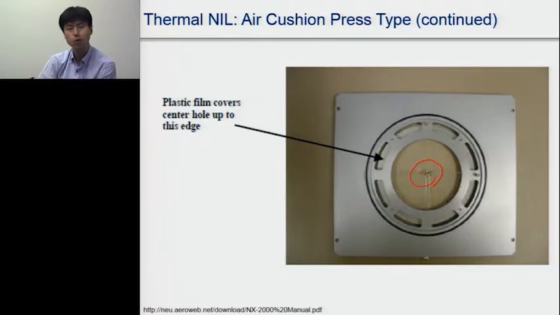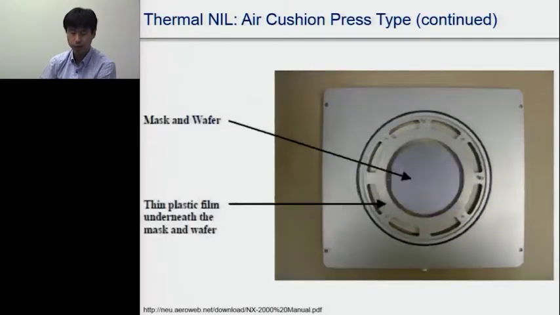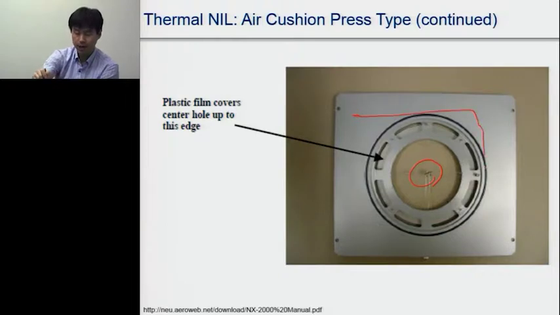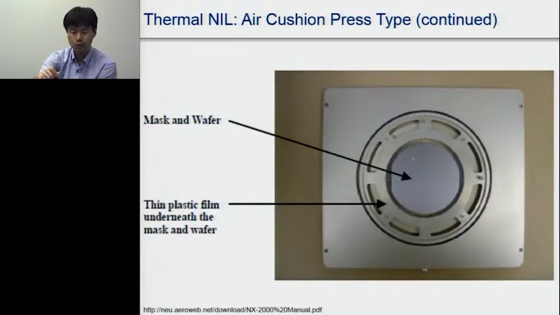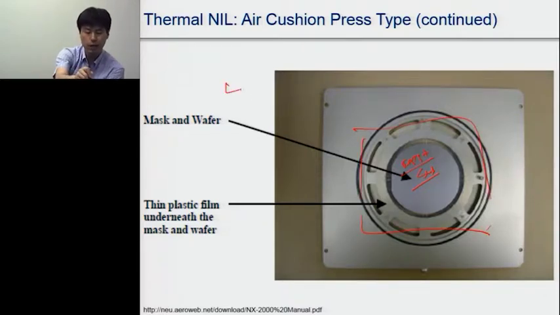On this thermocouple, the way we load the sample is we put a plastic bag around the substrate holder, and then load the resist coated substrate and then the master mold, and then we put another thin plastic bag on top. So we can load the whole stack, master mold and substrate, wrapped by the plastic bag.